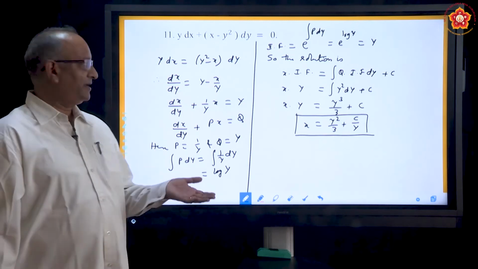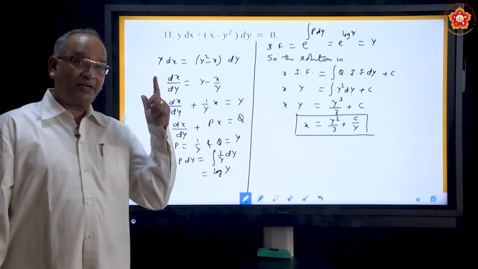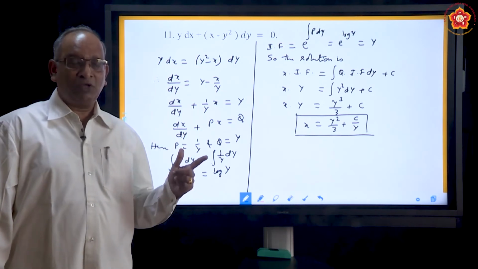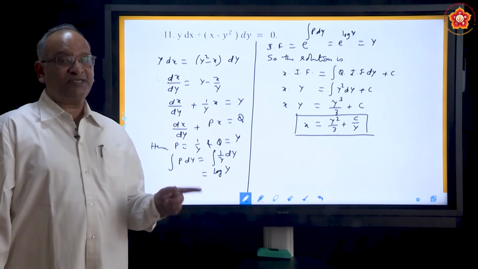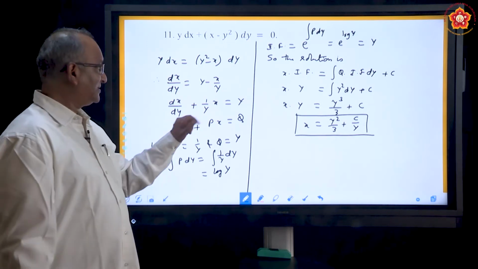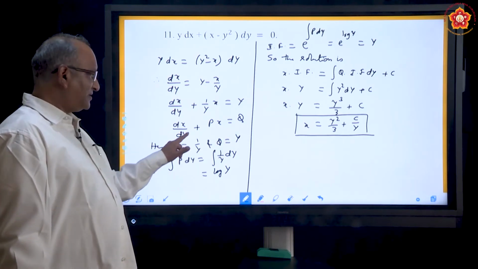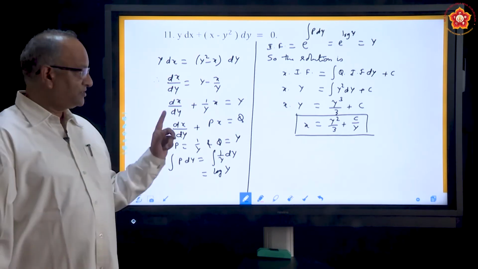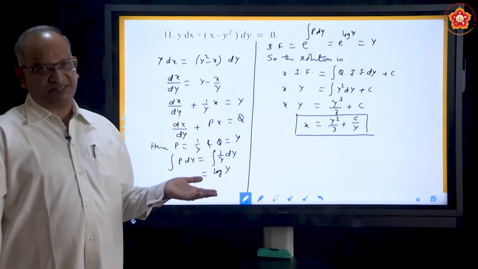The original one is dy by dx, whereas this is dx by dy. There p and q are either constants or functions of x. Here they are either constants or functions of y. You can see q is y, the value of p is 1 by y. This is how these problems are different from the first type.